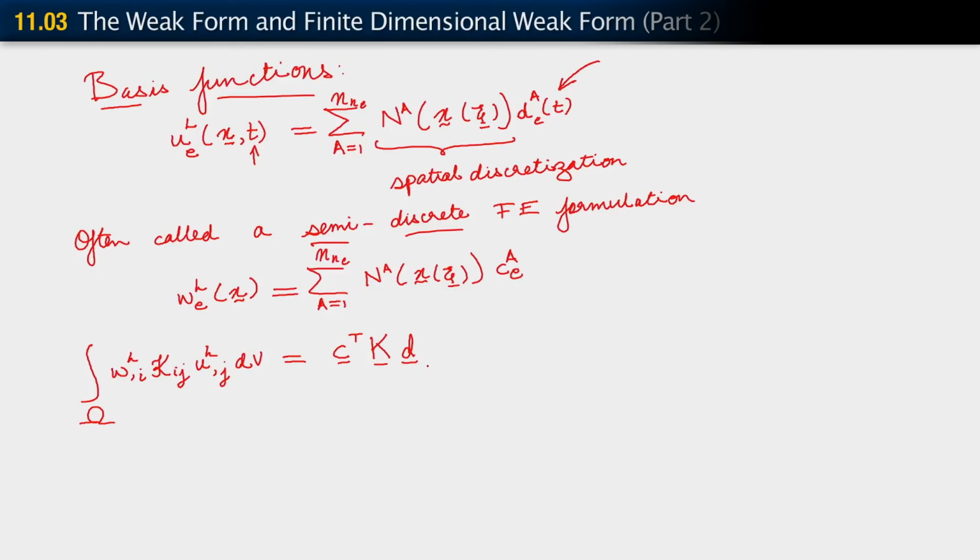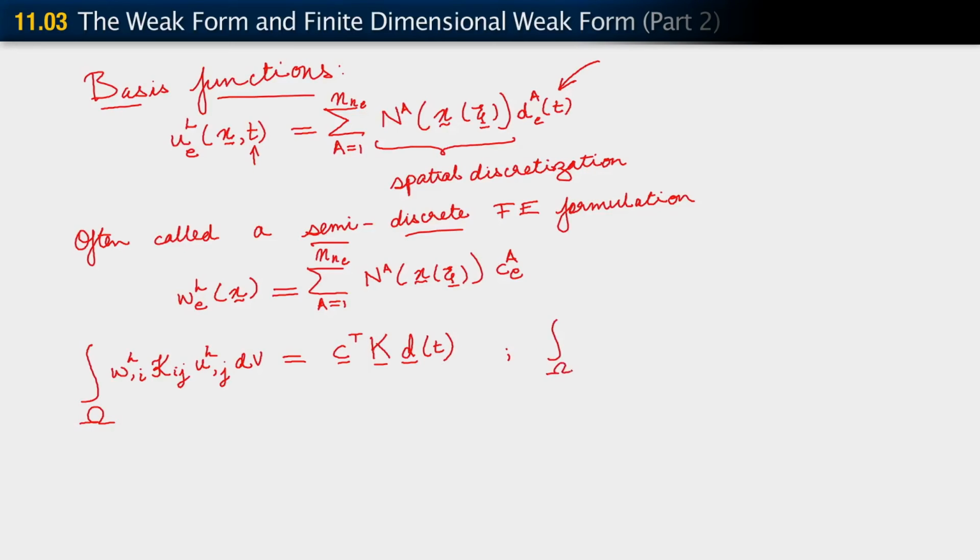We know how this all works out, and nothing is different except for one thing. What is different here? The c is just as before, the K is just as before, the d coefficients are time dependent.